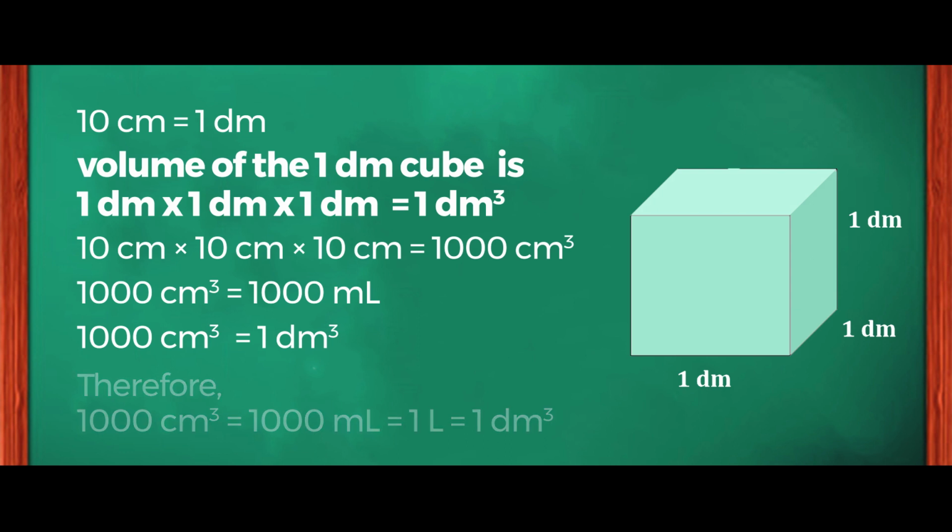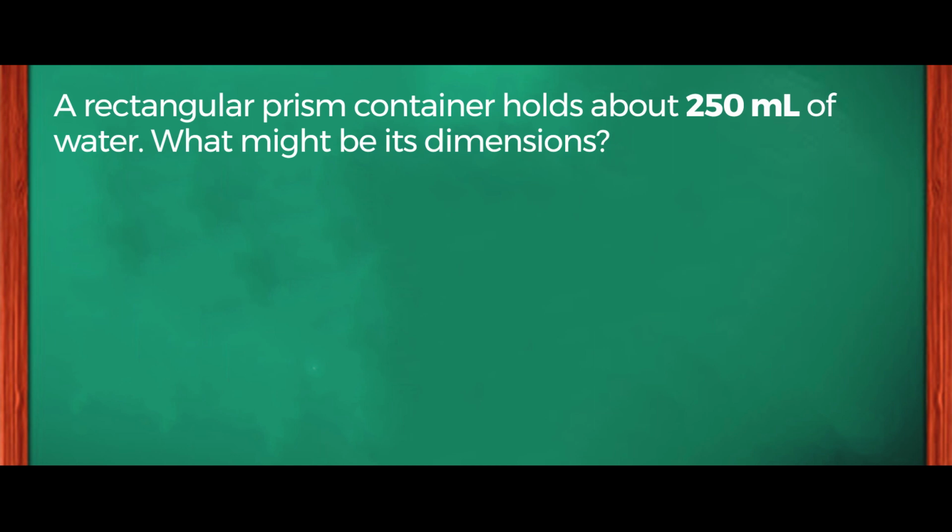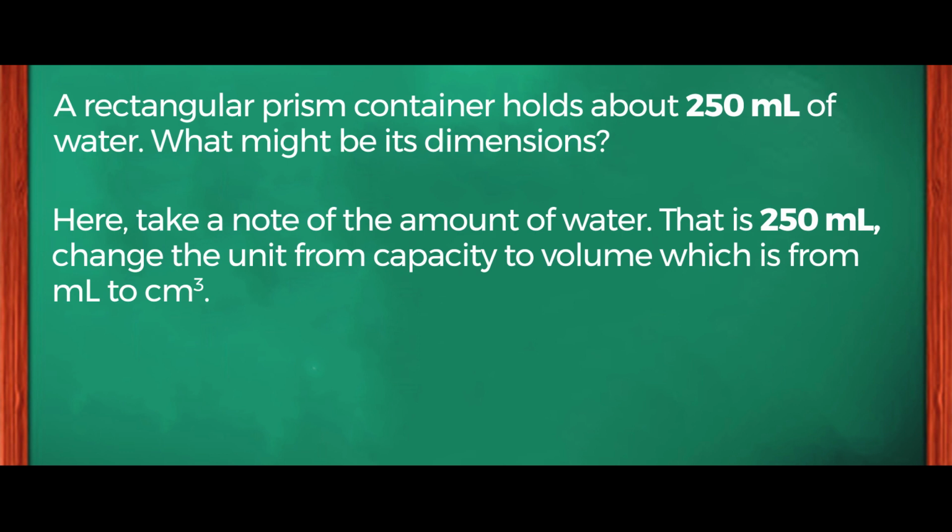Let's have a look at some questions. A rectangular prism container holds about 250 milliliter of water. What might be its dimension? Here, take a note of the amount of water, that is 250 milliliter.